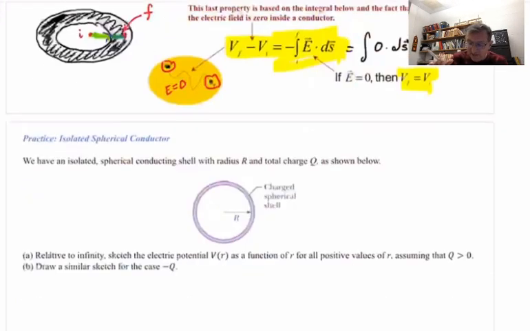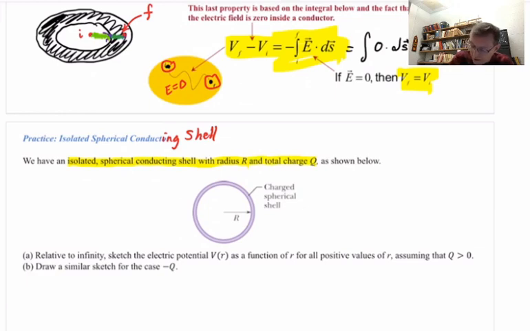Here's an isolated spherical conductor. In fact, what it is is an isolated spherical conducting shell. We love those kinds of shapes, don't we? So here we have an isolated spherical conducting shell. It's got a radius big R, and it's got a total charge big Q. It's charged. Notice the interior region is empty, hollow and empty.